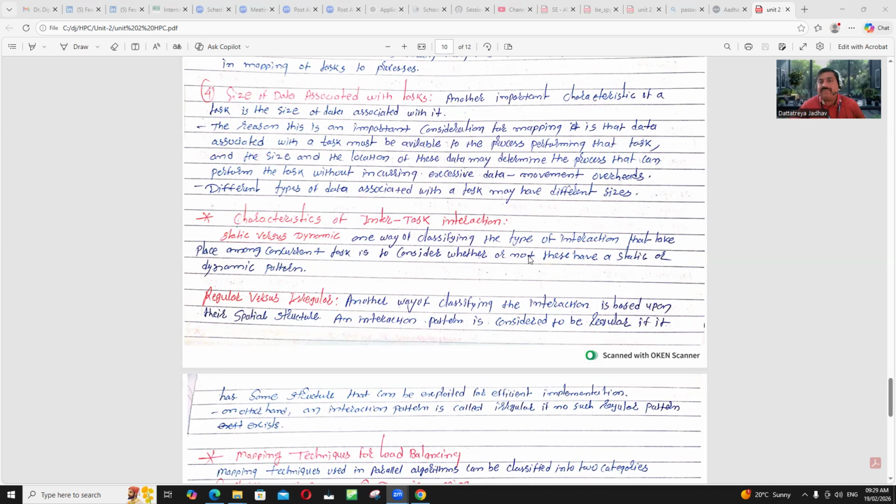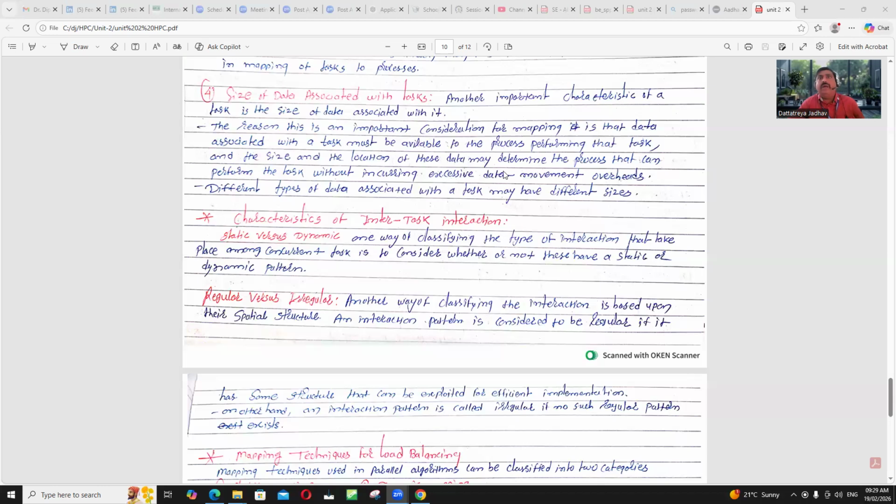When we go with static and dynamic, the allocation of data and the size will be different, so we cannot identify those things in advance.